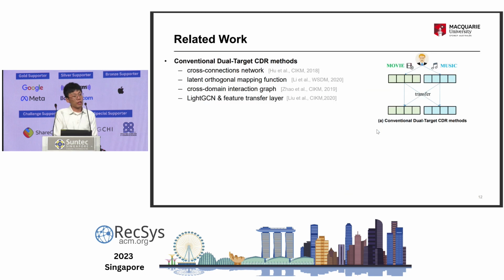When it comes to related work, first, the conventional dual-target CDR methods normally have two stages. Firstly, they mainly focus on designing a powerful encoder to get the embedding, and then use a series of transfer layers to get the final embedding.